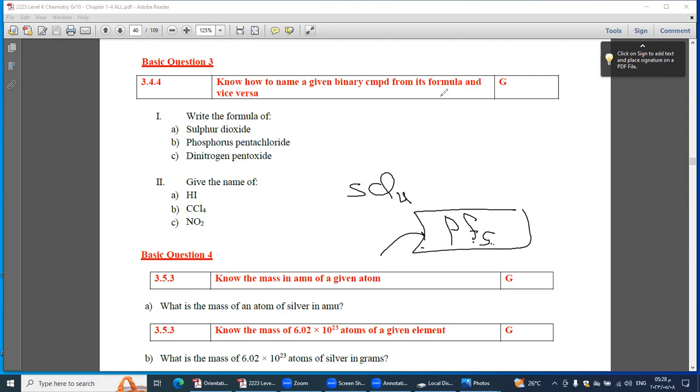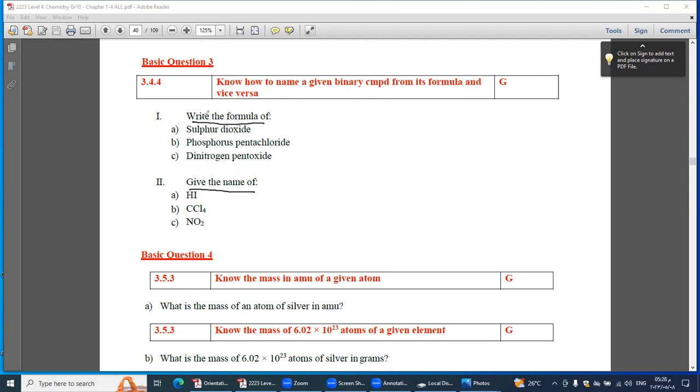Okay, so how can we write the formula or the naming? So again, sulfur dioxide: sulfur is the element S. Oxide refers to oxygen. Di refers to 2, tri 3, tetra 4, penta 5, hexa 6, hepta 7.